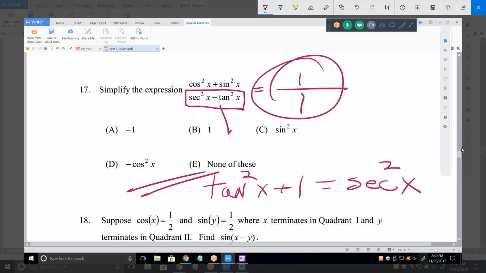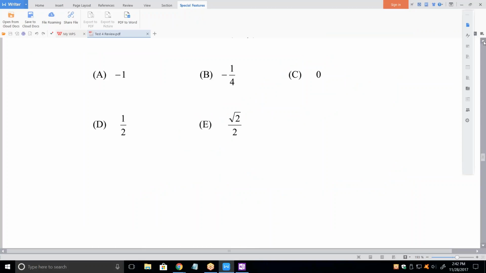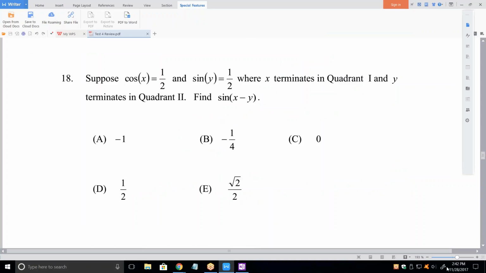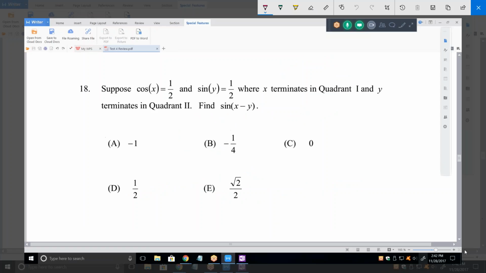The answer of that is 1. That's our answer. Okay? So you can see that you got no shot on these unless you have those 11 things memorized. Absolutely got to do that to begin with. Now, they get tougher on us.